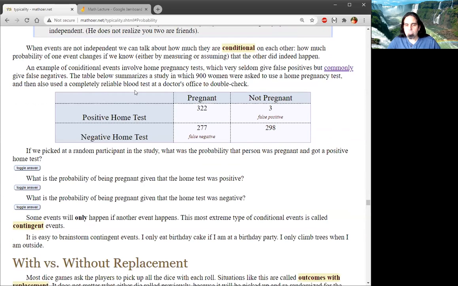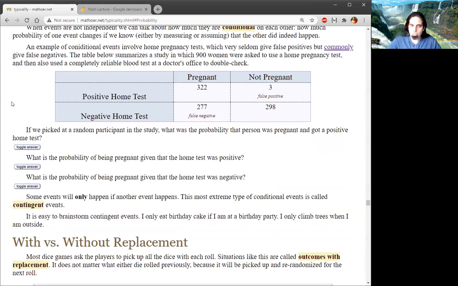The table below summarizes a study in which 900 women were asked to use a home pregnancy test, but they also used a completely reliable blood test at a doctor's office to double check. So let's put this on the Jamboard.